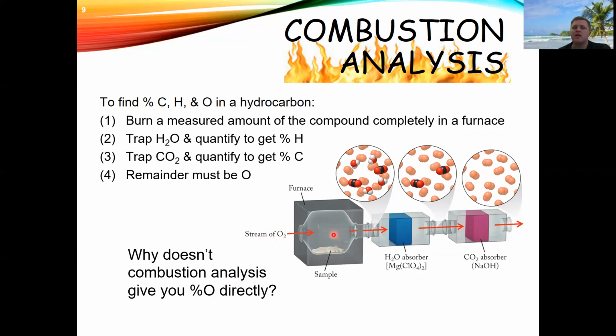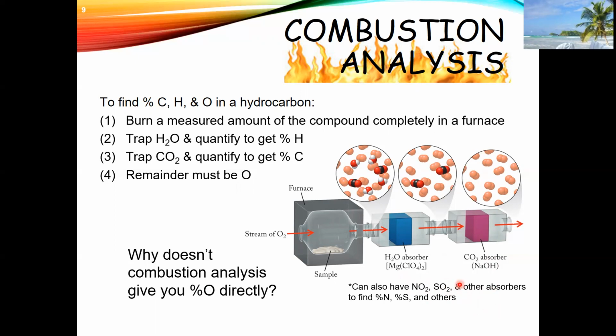So we can't tell which oxygen is from the fuel and which oxygen is from our sample. If we wanted to know some other things, such as whether or not there's any nitrogen or sulfur present, we can also have collectors that collect NO2 or SO2 and other absorbers to find different percent compositions.